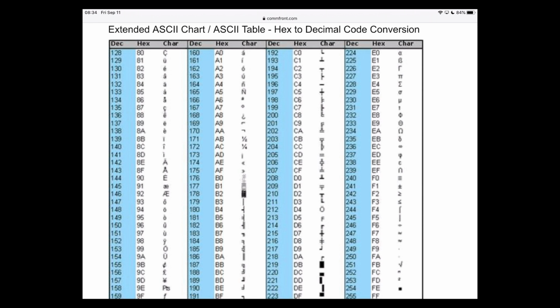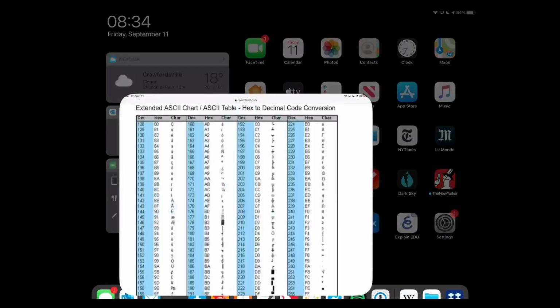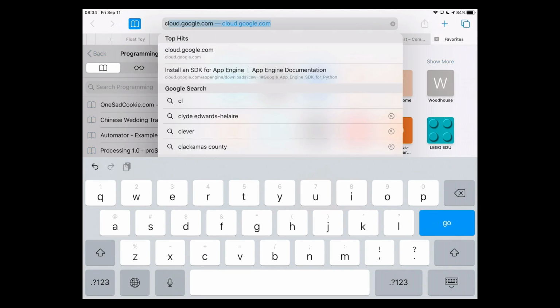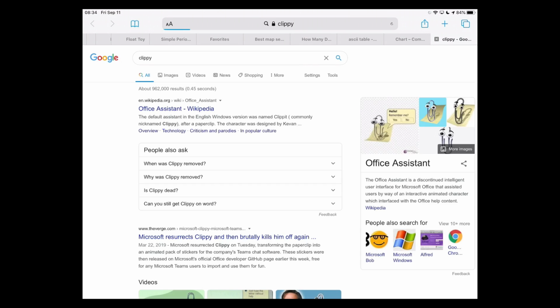You'd type "Dear Sir," and Clippy would pop up and say, "It looks like you're writing a letter. Would you like me to format it like it's a letter?" And it was this little paperclip-looking thing with eyeballs. In fact, let's find a picture of Clippy. But he kind of got a bad rap.